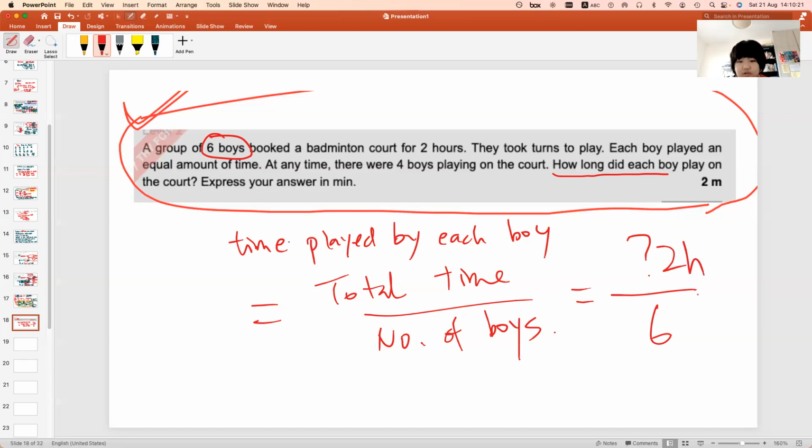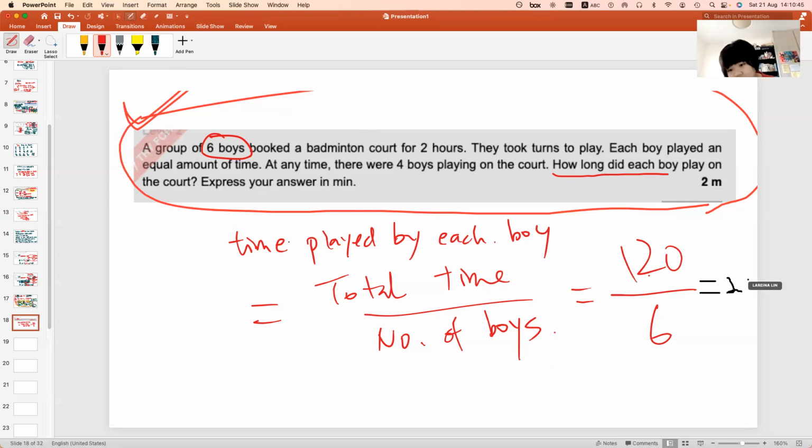Yes or no? 120 minutes. Okay, 2 hours is 120 minutes. So your answer is total time 120 minutes. Am I right? Yes. Okay, good. So this is the common mistake students make for such a question.